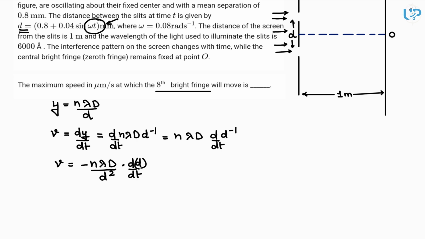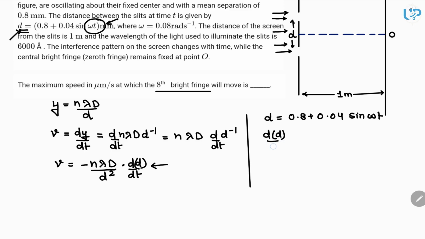Now we want to find the velocity as a maximum. As we can see, this velocity is dependent on the first differentiation of d, so we're going to differentiate this d as well. d = 0.8 + 0.04 sin(omega t), so its differentiation comes out as d by dt = 0.04 cos(omega t) into omega, isn't it?